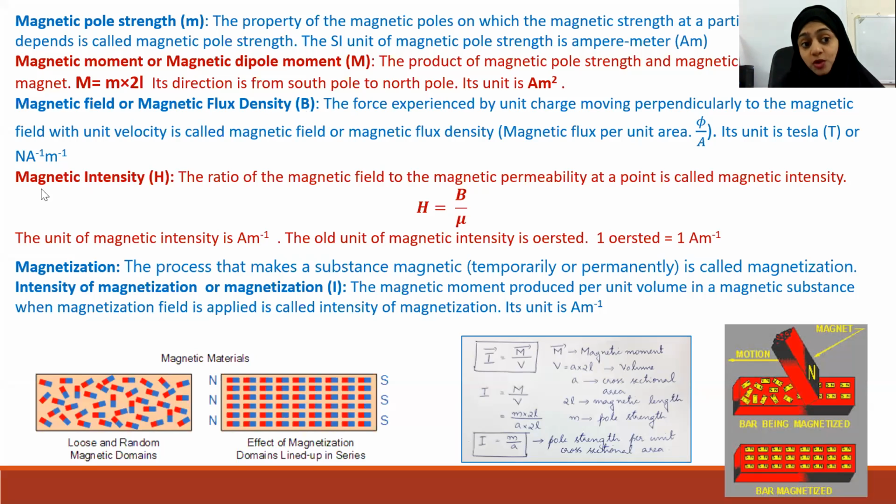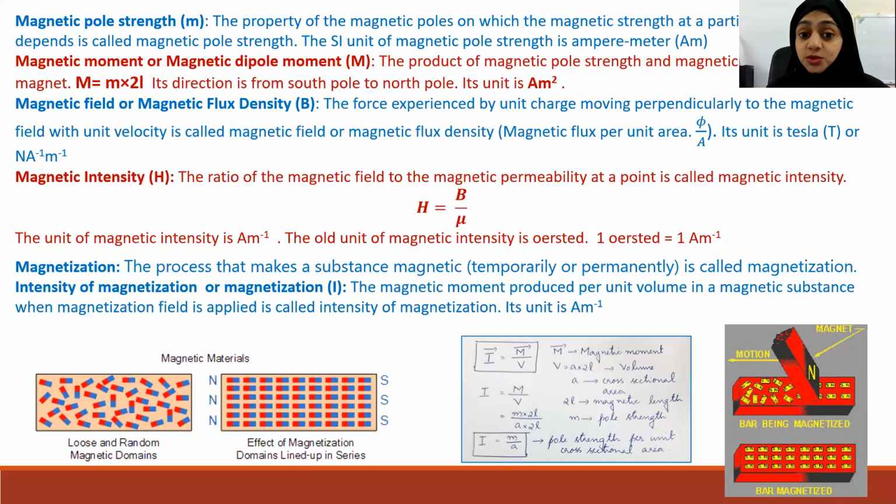Then we learned a new quantity called magnetic intensity, represented by H. H is equal to B by mu, where mu is the magnetic permeability in that medium. If this is in free space or in vacuum, you can express H as equal to B by mu naught, where mu naught is the permeability in vacuum.